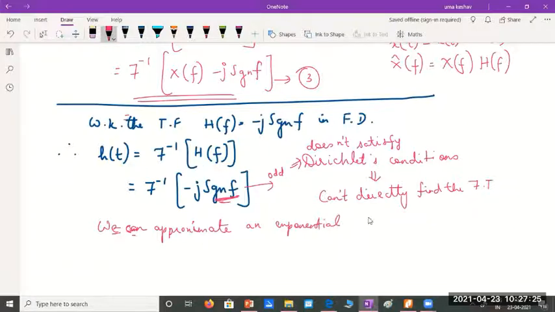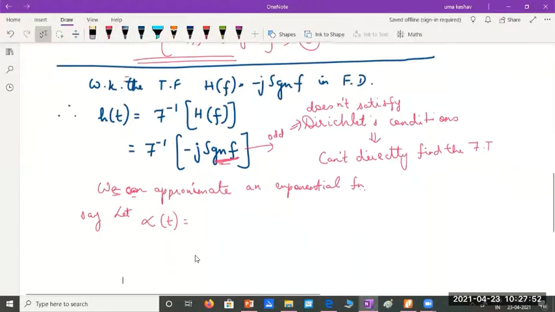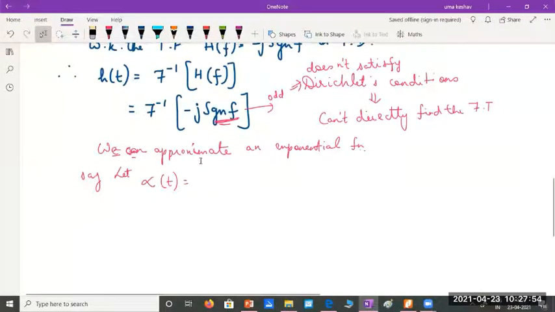I'll define an exponential function for the signum function. Say, let us define a function alpha of t. Okay, let me define a new function. I have to find inverse Fourier transform for this using an approximate method, and that approximate method involves using some other alternate function for the signum function.